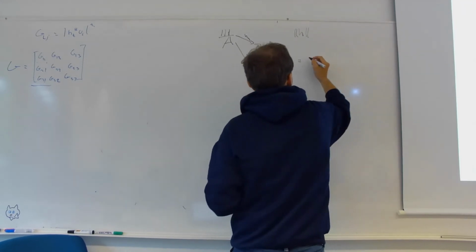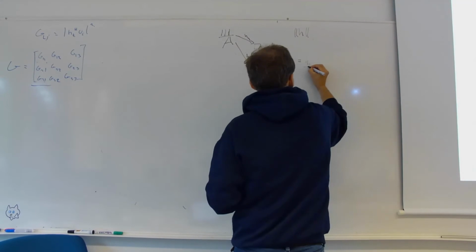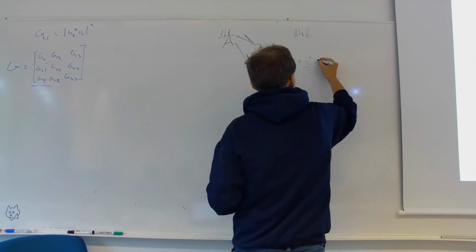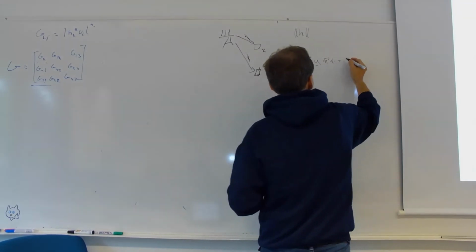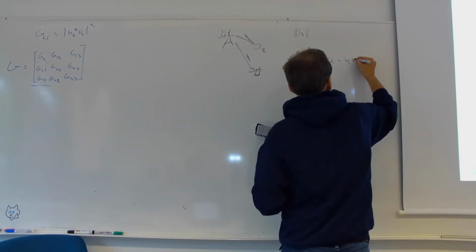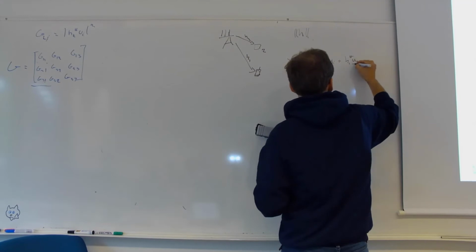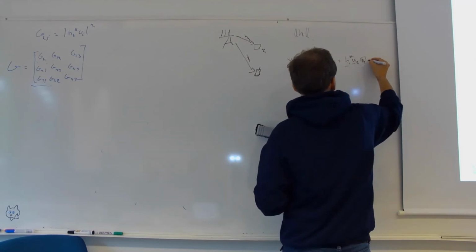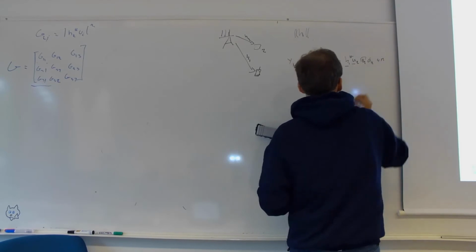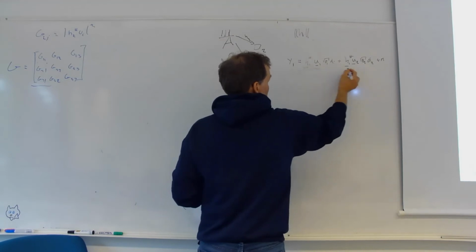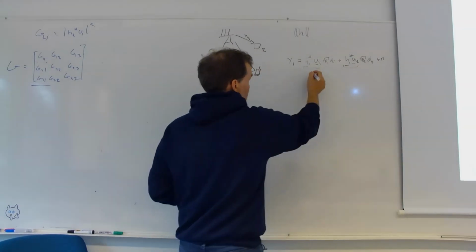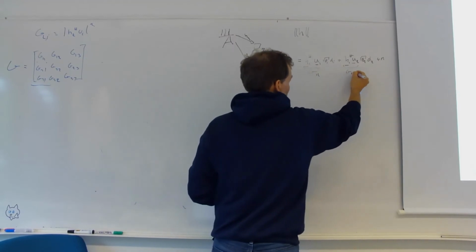If you look at the received signal at user 1, we have H1 Hermitian times U1 times E1 plus H1 Hermitian U2 E2 plus noise, right? These are scalars: this is G11, this is G12.